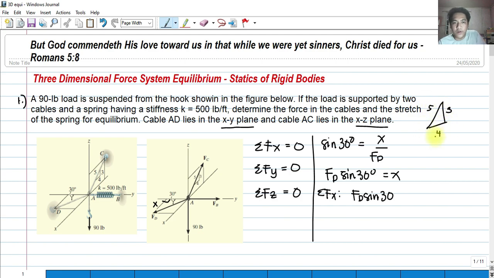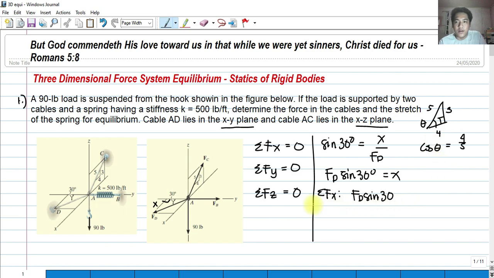This 4 is the same as the direction of x. So given that this is the angle, for example, we need to get a trigonometric function that involves this 4 and this 5. And what is that? That is the cosine theta. We have adjacent over hypotenuse, 4 over 5.